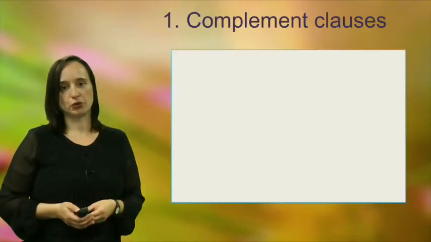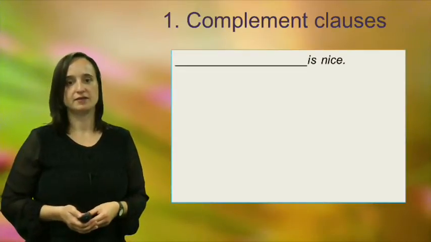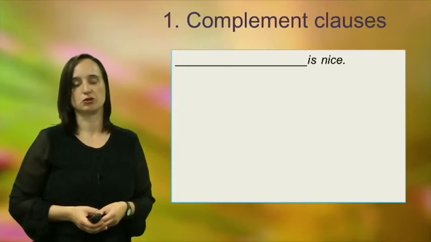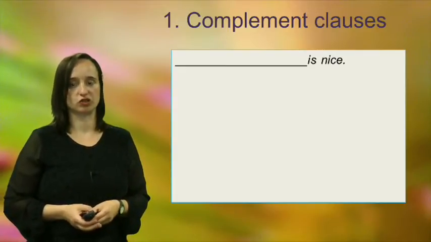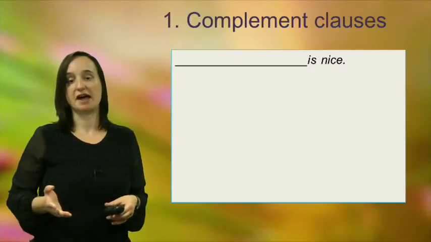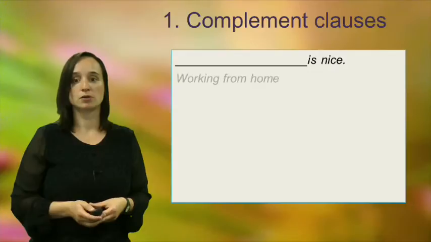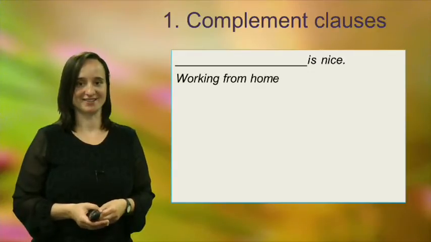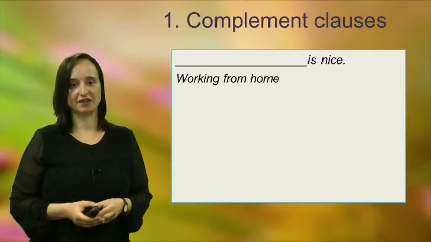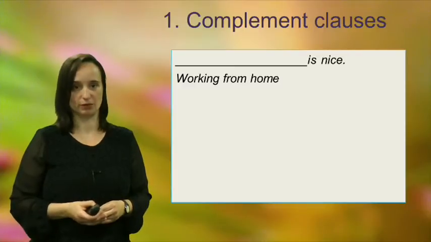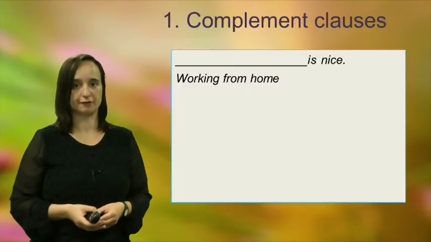And we can also have a clause where the complement clause, the subordinate clause, is the subject. So something or other is nice: he is nice, it is nice, the weather is nice, or working from home is nice. In this case, we have an entire clause that appears in the subject position, working from home.